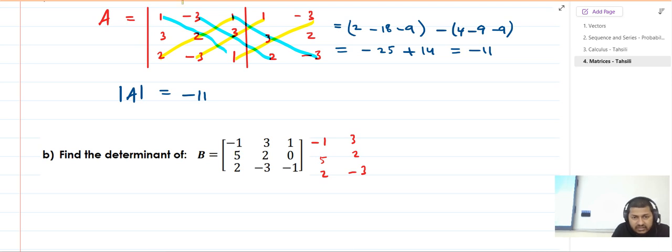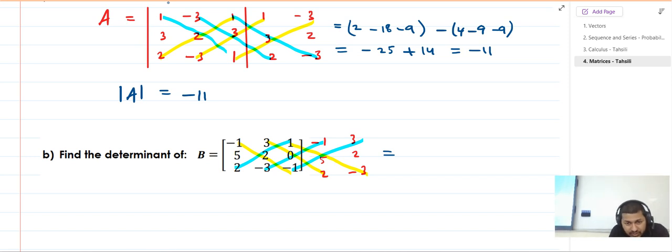Now let's find the determinant. Down diagonal minus up diagonal. This is not lining up. Let's line it up. Next one, positive diagonal. Make sure you carry a pencil as well, pen and pencil. Do all this in pencil.